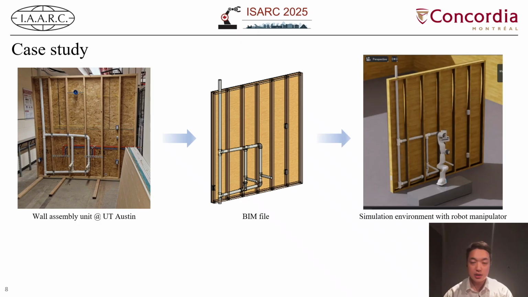The BIM file was then converted into USD format and imported into ISARC Sim, the robotic simulation platform we used in this experiment. A Franka FR3 robot manipulator was incorporated into the simulation as the robot system and mounted on a static platform to enhance its reachability during the disassembly process.